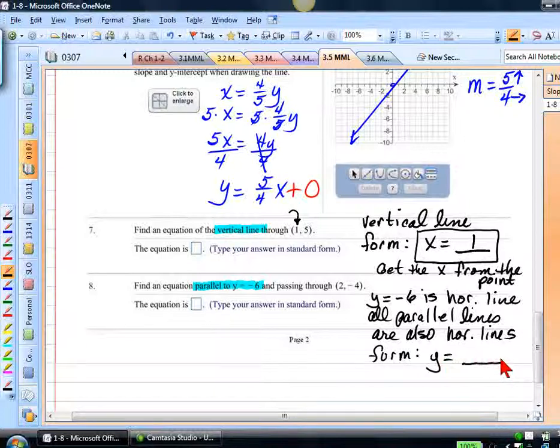So what I'm writing down is my thought process. They told me that my line is parallel to y equals -6. I know that's horizontal. I know that all lines parallel to a horizontal have to also be horizontal. y equals. What am I going to go grab to be the y value? The -4.